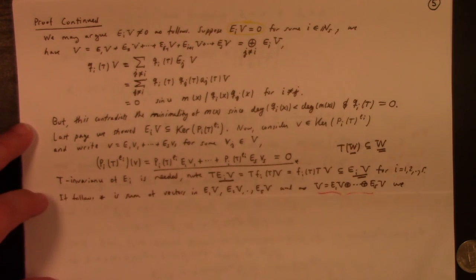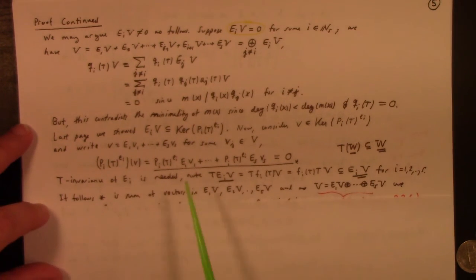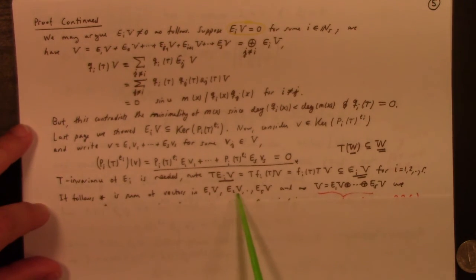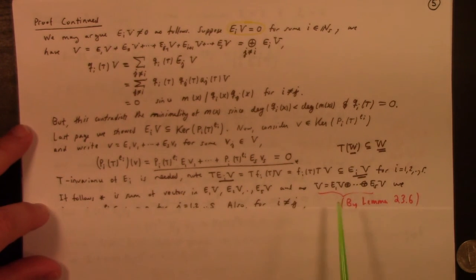So it follows we have a sum of vectors, each one being from E_1 V, E_2 V, through E_s V. And by the way, because we satisfied the conditions for the lemma 23.6, we also know that V is a direct sum of these, E_1 V through E_s V, which then shows me that these must separately be vanishing.